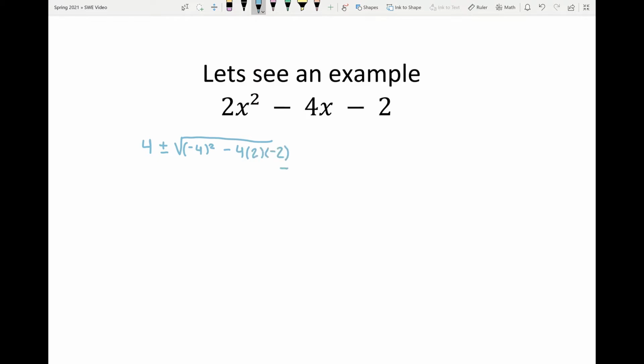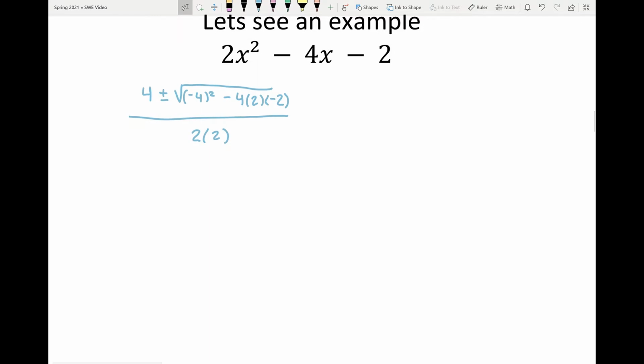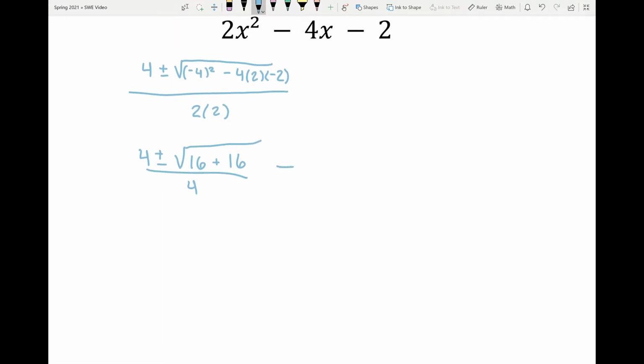And that's all over 2 times the a term. So, simplifying that further, we have 4 plus or minus the square root of 16 plus 16, all over 4. From this, it will be 4 plus or minus the square root of 32, all over 4.